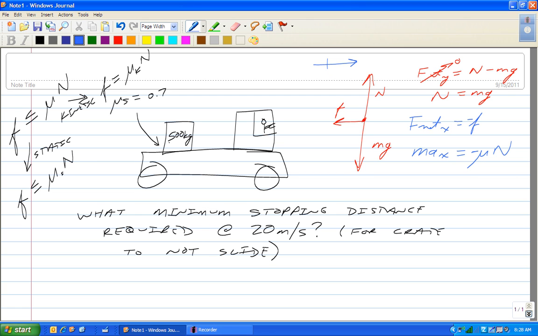Okay? Now over here, this business right here is helpful to keep in mind: when it's kinetic, I don't have to worry about the inequality. When it's static, I do, but since I'm talking about a minimum stopping distance, I'm talking about an extreme, right?